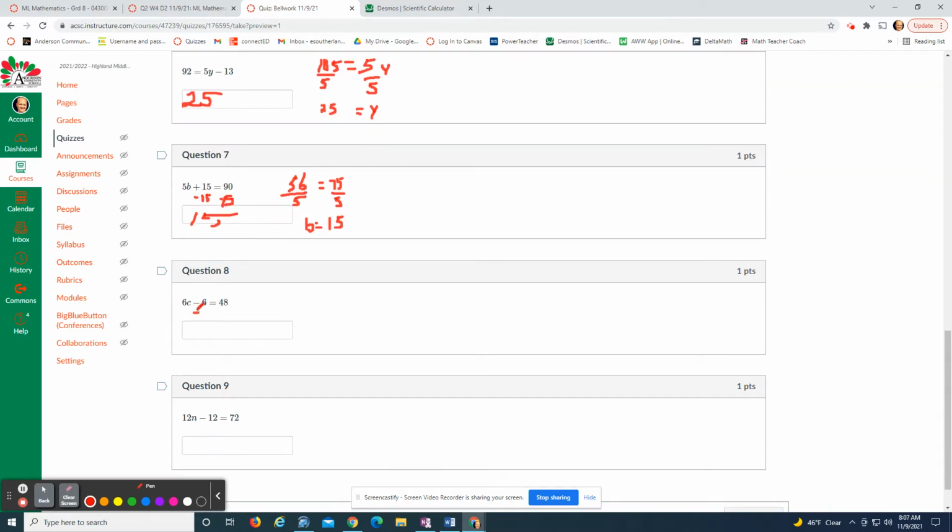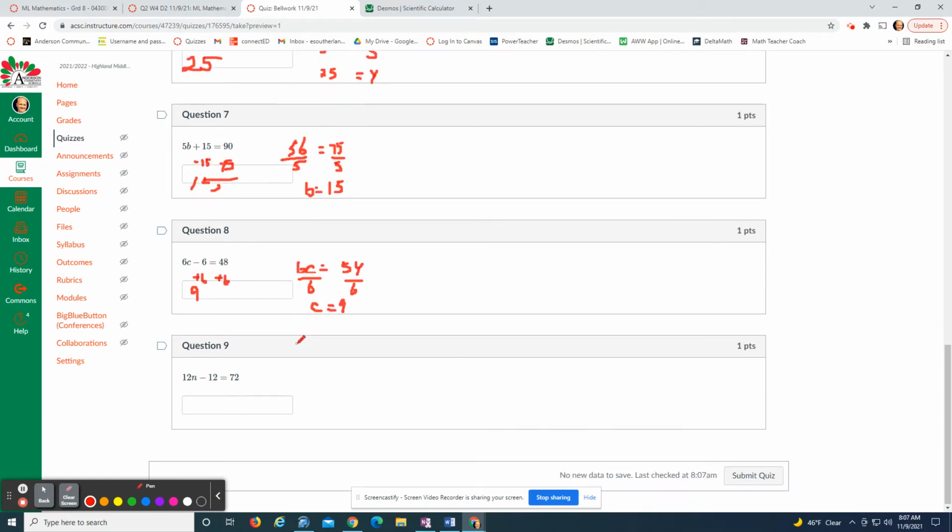Here, you would add 6 to both sides. You should get 6c is equal to 54. Divide both sides by 6. You should get c is equal to 9. Here, you're going to add 12 to both sides.